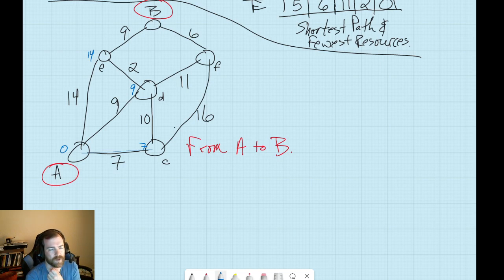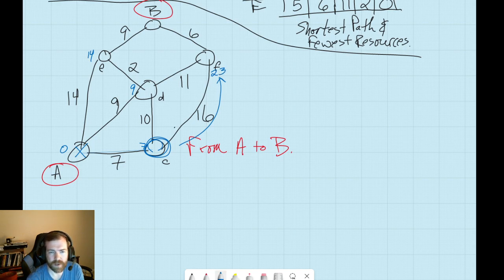So then we go to, now we're out of moves. So we say, okay, we're not going to use this one anymore. We go over to C here, and we say from C, what's this going to get us? So in order to get to F, we either have to take A to C to F, which is going to cost us, if we go this way, 7 plus 16 is going to be 23, which seems like a horrible idea.